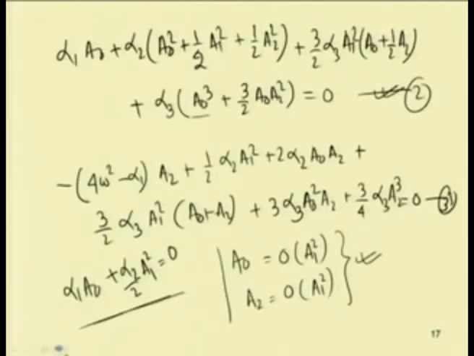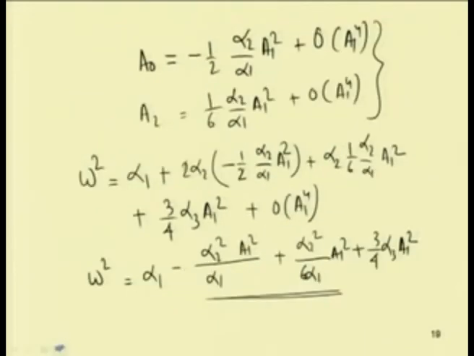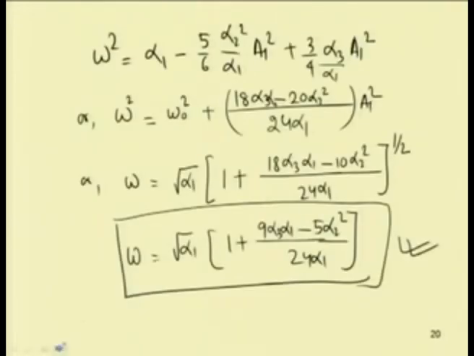We have taken alpha 1 common, so 1 plus 9 alpha 3 alpha 1 minus 5 alpha 2 square by 24 alpha 1 square, into a 1 square. Here we have substituted a 1 equal to epsilon a, and we obtain the same expression as that we obtained in case of the method of multiple scale.